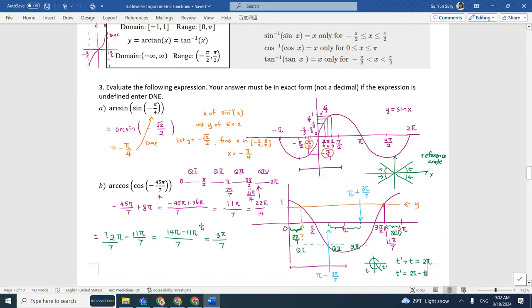So this is what happens when the inverse trig function is the outside function and the inner function is the trig function. You kind of need to draw the graph of the trig functions, and the x of the inverse trig function corresponds to the y of the trig functions. So you can use it to find the values.